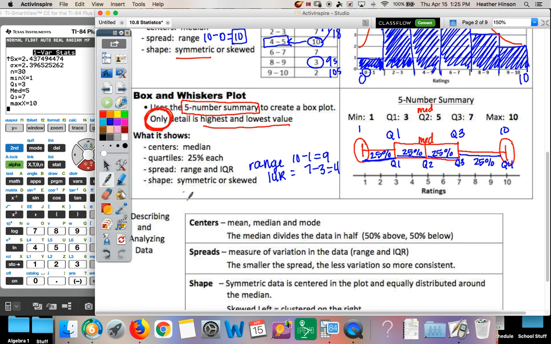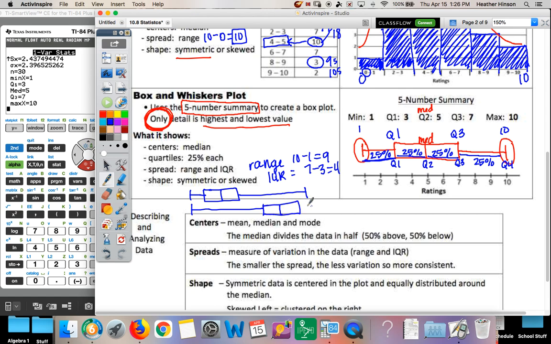And you can still tell if it's symmetrical. So if you look at this box, it's pretty even down the middle. So the boxes are about the same size, the whiskers are about the same size. It's pretty symmetrical. When it's skewed, it's going to have like a box, and then one line will be super long on either side.